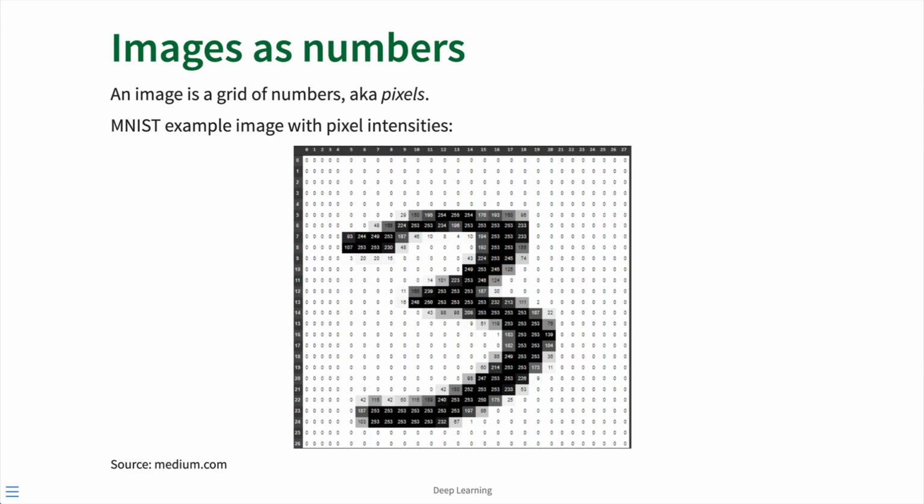So what do we mean by pixels? Well, you may know that an image is made up of pixels. If you've ever zoomed in on a computer image to a really high level of magnification, you might have noticed that it becomes these blocky little squares of different colors.